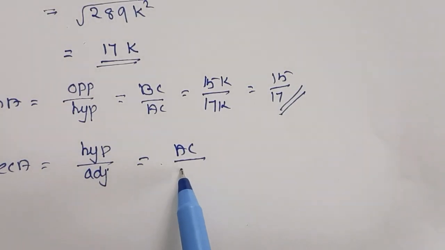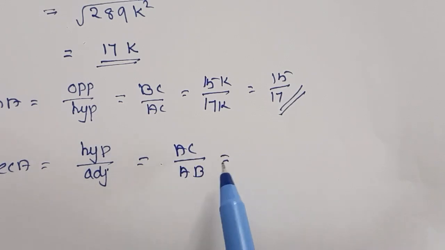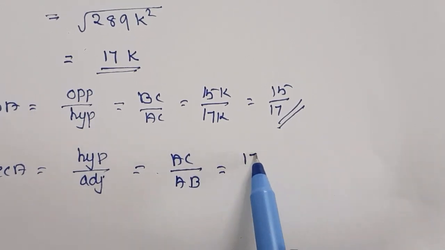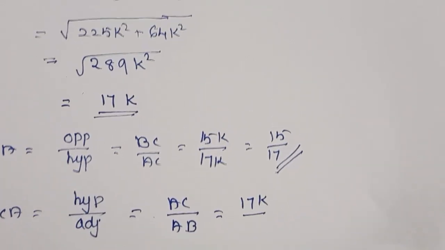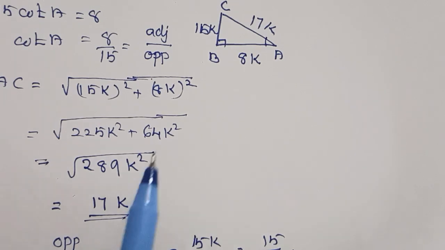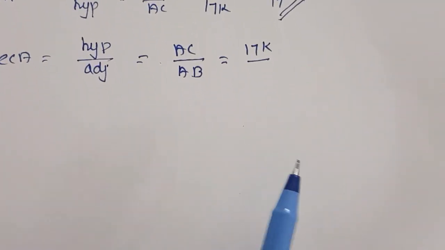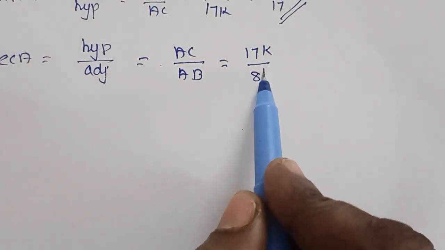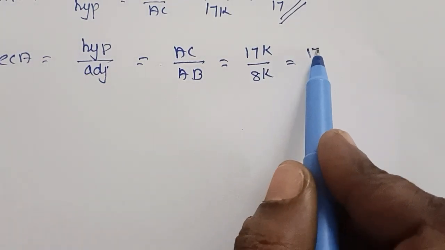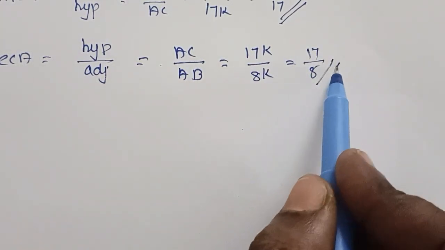AC by AB. AC equal to 17k and AB equal to 8k. So it is 17k by 8k, equal to 17 by 8 after cancelling k.